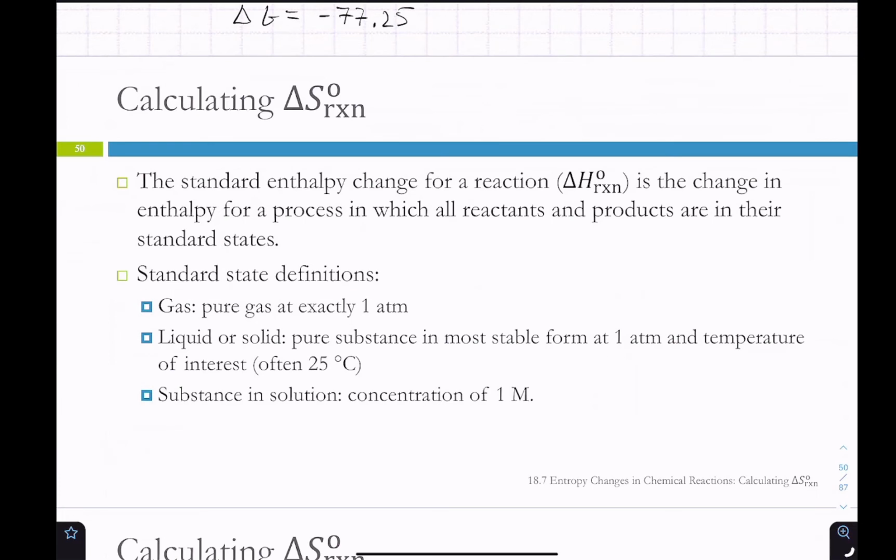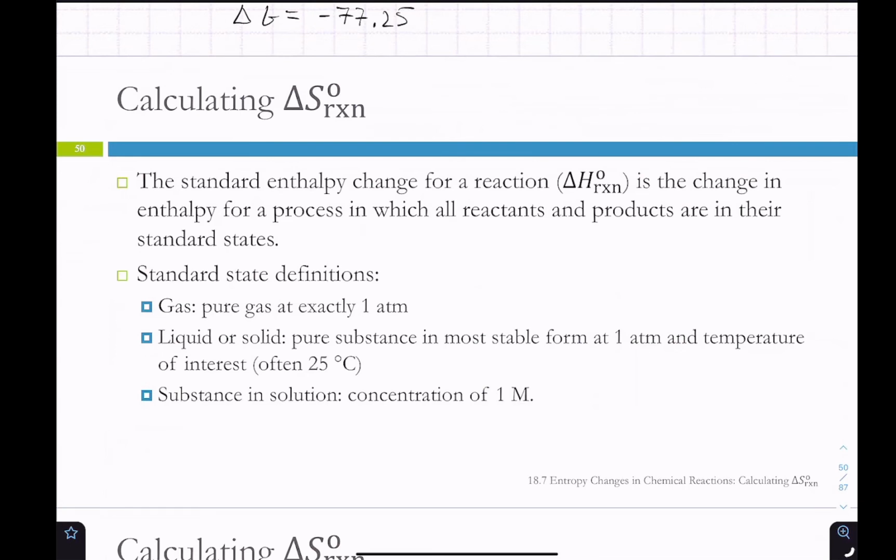Depending on whether it's a solid, liquid, or gas, those are a certain set of conditions that are not necessarily chosen arbitrarily, but are convenient: 1 atmosphere for gases, 1 atmosphere and 25 degrees C for solids or liquids, and 1 molar concentration for solutions. These are generally easy to achieve in a lab. That's actually why a standard temperature often used is 25 degrees C: it's slightly warmer than room temperature, and it's a lot easier to warm things up than to cool them down.